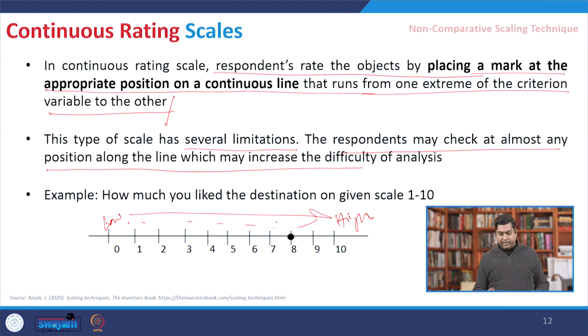From low to high there is a particular transition, and in this case we can definitely calculate the mean and other things. But if the question is how much you like the destination on a given scale of 1 to 10, where 0 means I did not like it and 10 means I liked it very much, then, as there is no in-between demarcation of numbers corresponding to 1, 2, 3, 4, 5, 6, sometimes it may be very difficult for the respondent to answer.